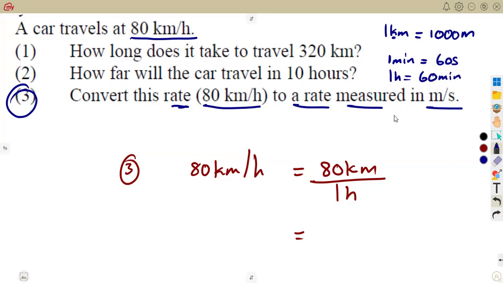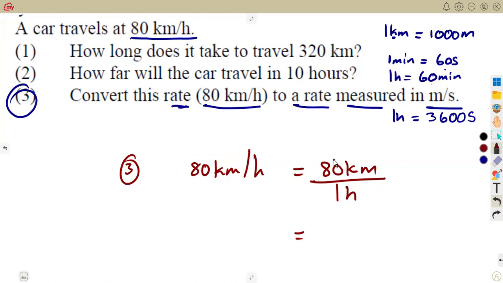But in terms of seconds, we have to multiply 60 times 60, which is 3,600 seconds in each and every hour. So you see these conversions, you just have to relate them.